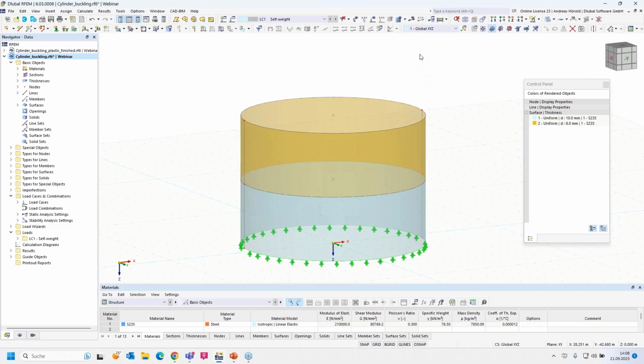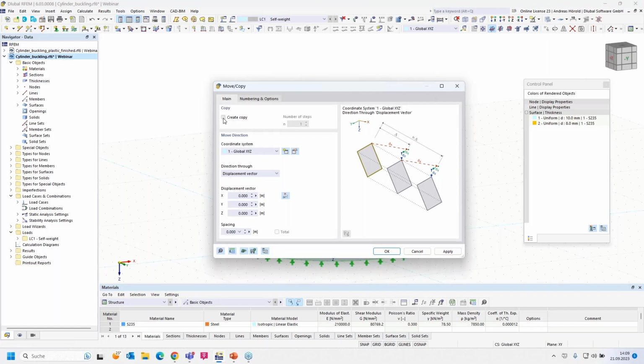So, and the upper ring is 3 meters high. That's why I select only that ring line. So, and then right above, I go to Move or Copy Selected Objects. I create a copy of the lines. One copy, -3 meters in Z direction.